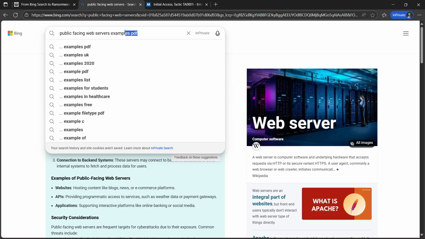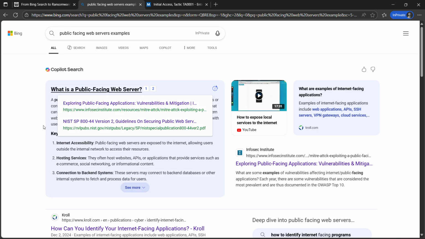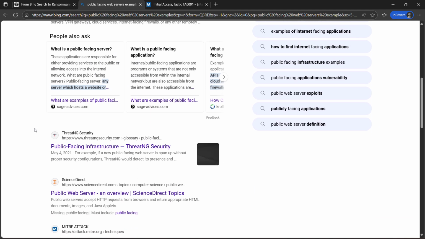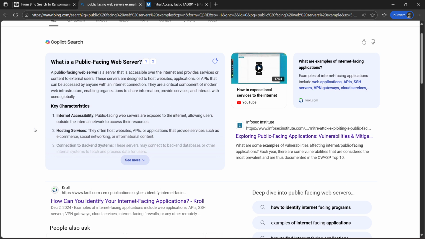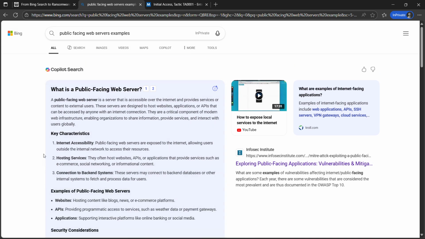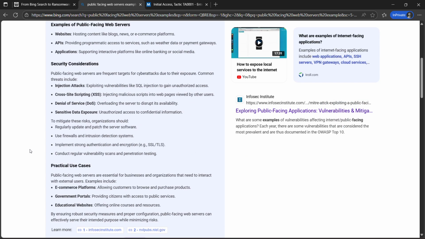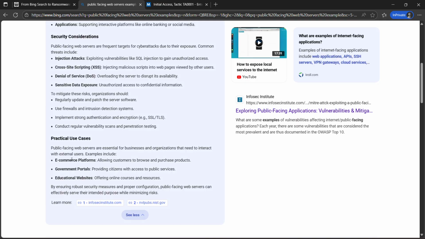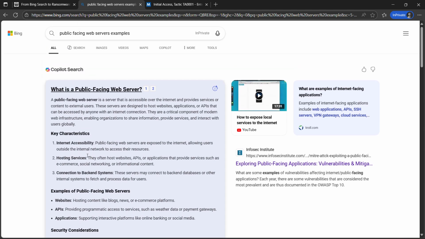Oh, e-commerce platforms. No, no. Google Drive is like cloud storage, right?